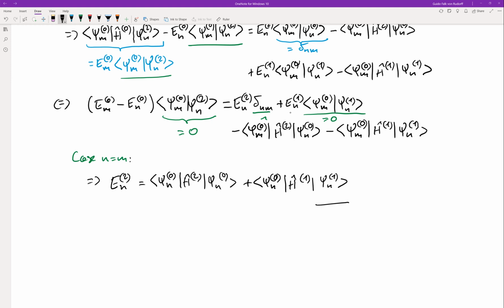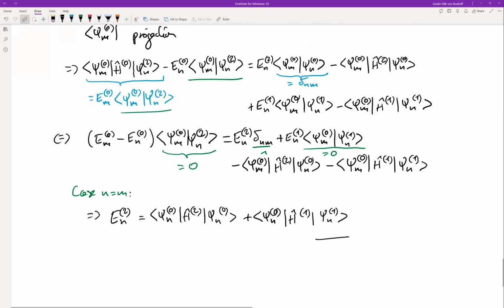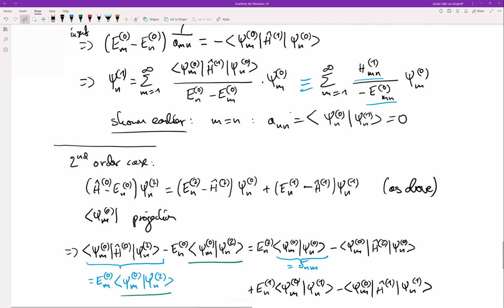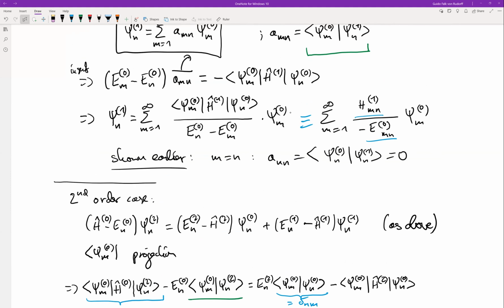But there's good news. We've just shown, earlier today, that we can get those things by the perturbation, right? So maybe it's a good idea to highlight this so you keep in mind that this is an important aspect. Here we found a way to express psi n1, so the perturbed functions.